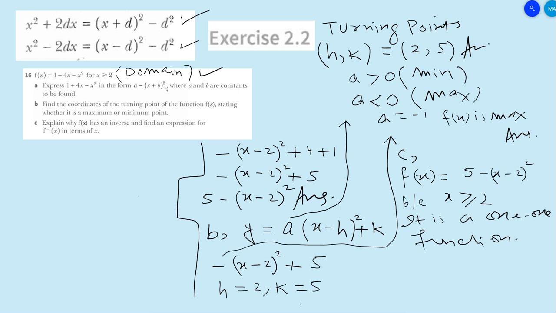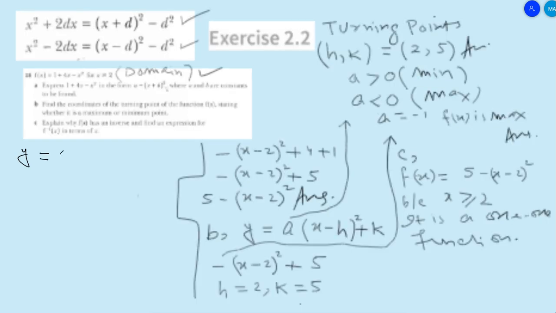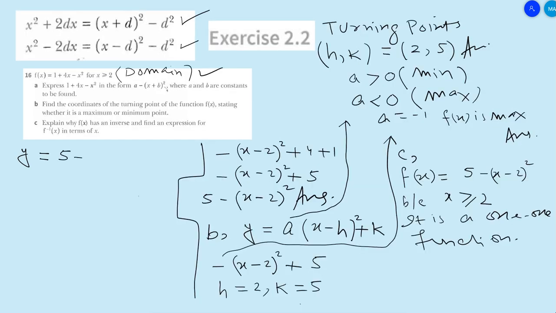So take the answer of part A again. y is equals to 5 minus x minus 2 whole square. The first step is to replace x with y and y with x. So this y becomes x and this x becomes y.